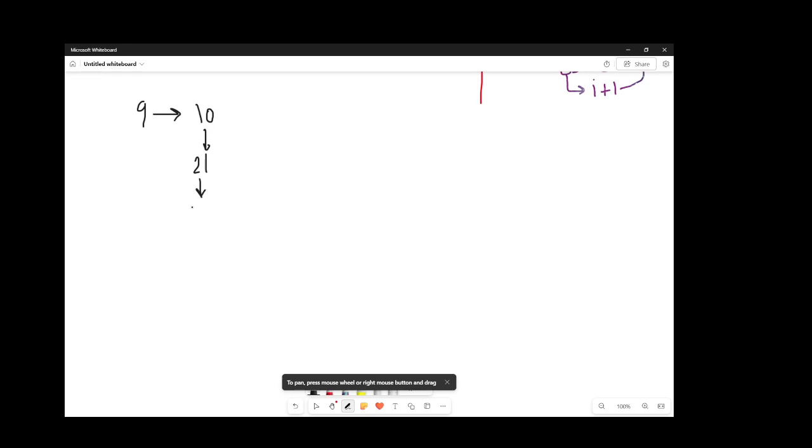Again, when we increase it, 3, 2. One more time, we'll keep doing it: 4, 3. I want to write all the steps, then we'll be able to understand it better. 5, 4. 6, 5. 7, 6. 8, 7. 9.